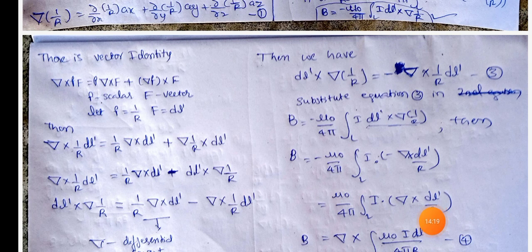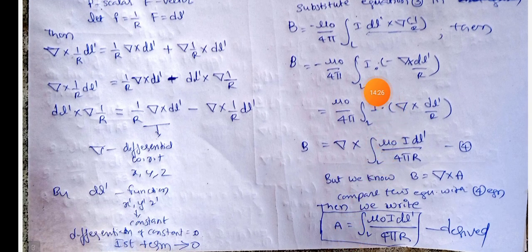After that, del is moved outside, and mu naught by 4 pi is moved inside the integral. So this is B equal to del cross of line integral mu naught I dl dash by 4 pi r. This is nothing but the magnetic vector potential. This is what we want. This is the final derivation.